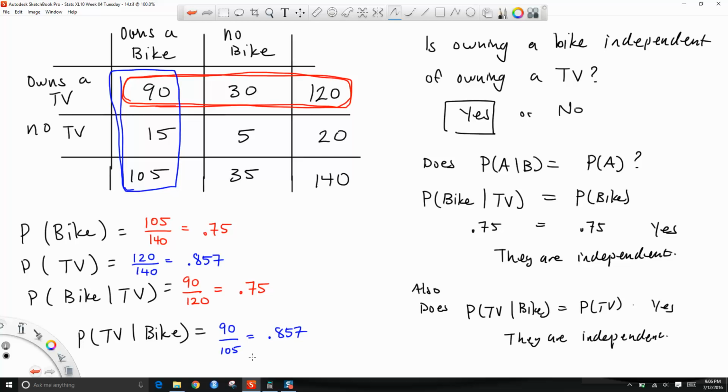Okay, so just kind of rules to summarize it. The probability of A given B can be found as the probability of A and B divided by the probability of B, okay?